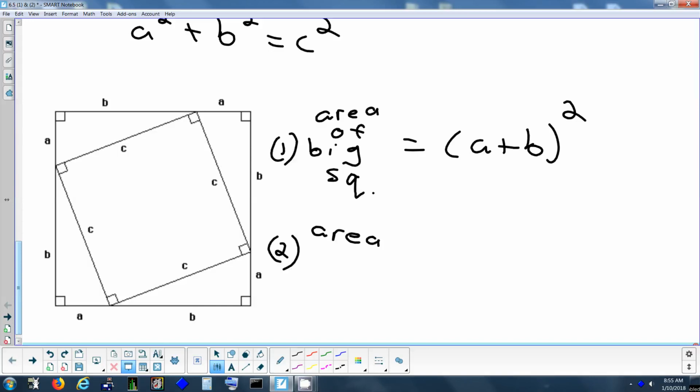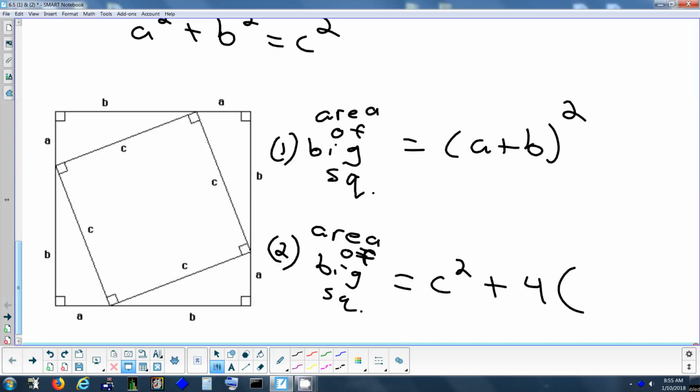Second way. Dylan, what's the area of the small square? c squared. Yep, c squared. Plus, we have 4 of those triangles.